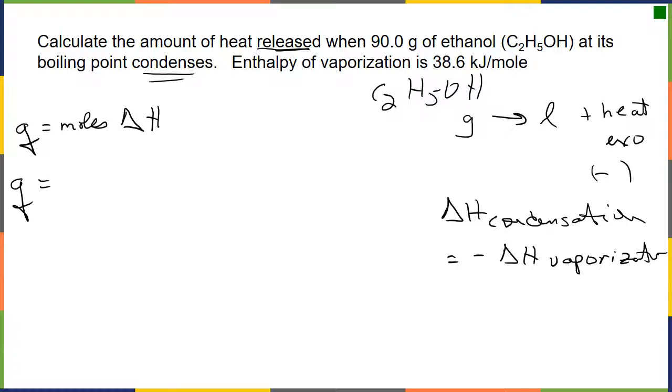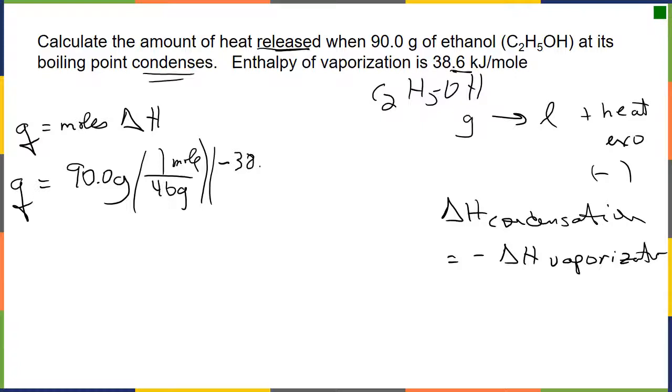So the heat Q is going to equal 90 grams. We're going to divide by the molar mass of ethanol, so we have 1 mole for every 46 grams. We're going to use our enthalpy. It's going to be a negative 38.6 kilojoules per mole.